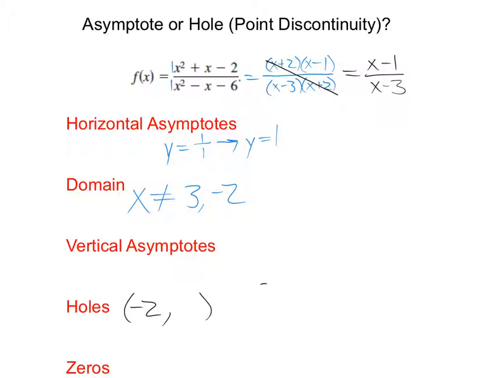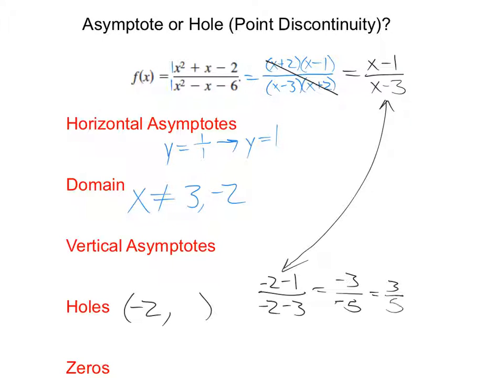So we get negative 2 minus 1 over negative 2 minus 3. Notice I'm plugging the negative 2 into that leftover part. So I get negative 3 over negative 5, so I get 3/5. And it's not uncommon for these to be kind of odd points.